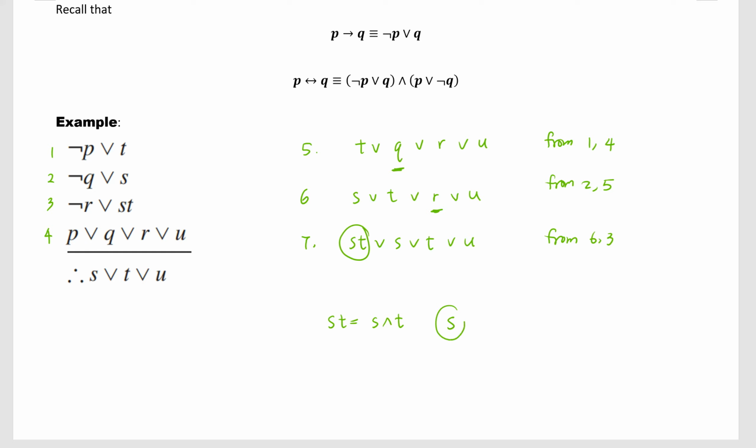So the S already includes S and T. Okay, so that's why ST or S is just S. The S will actually eat the ST. So this is equivalent to S or T or U. Because the proposition S and T means S is true and T is true, so it means S is true.